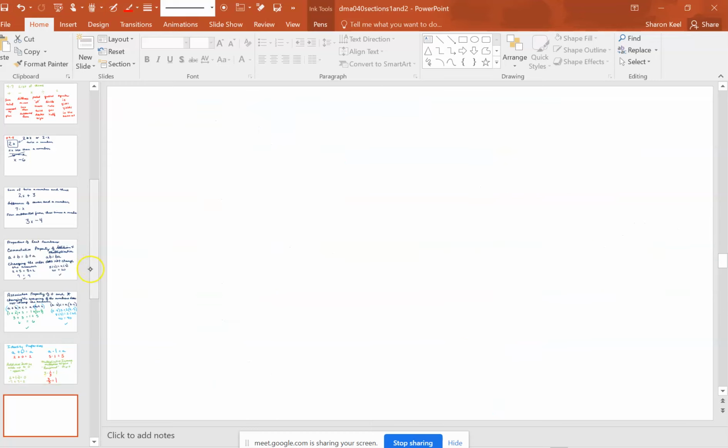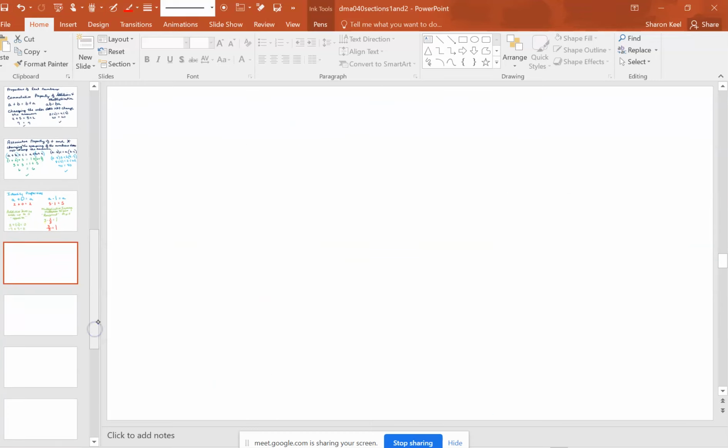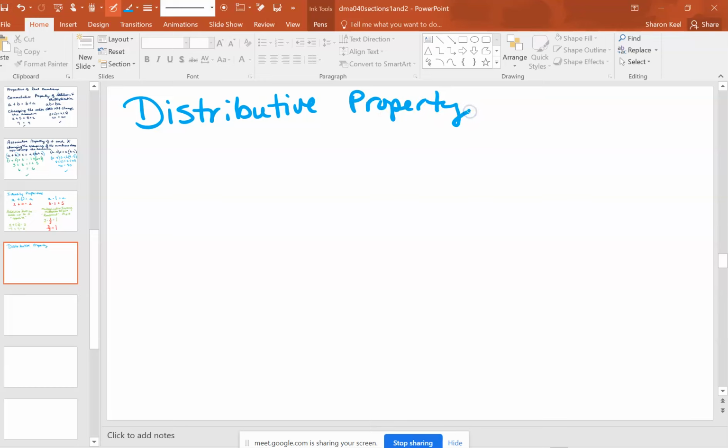And the last concept, which actually is my favorite concept, and you're going to be using this a lot, is the distributive property. This is a big basis of what you're doing in algebra and with your math beyond this DMA. The distributive property, an example that we could have would be as if we have A times (B plus C).